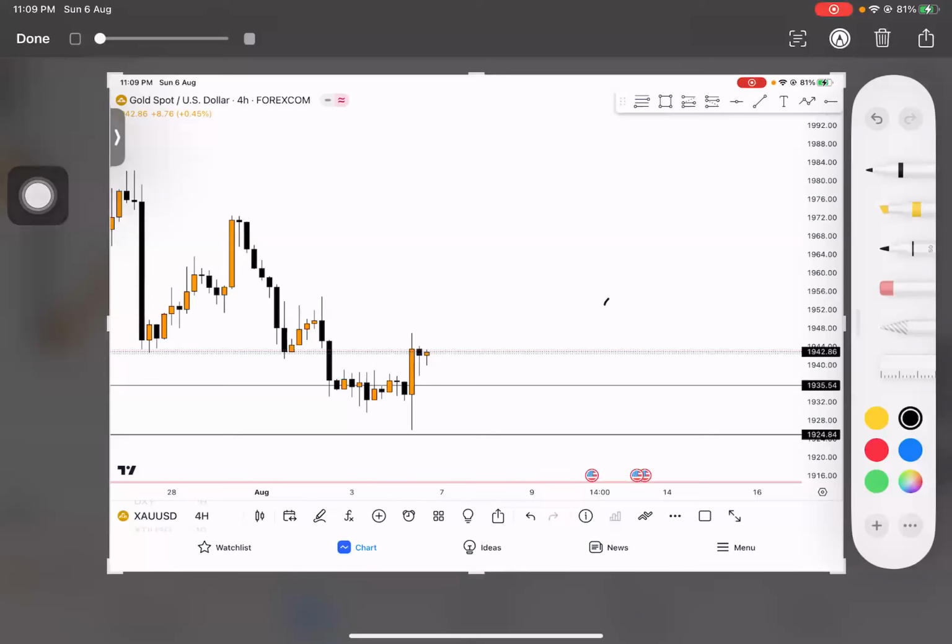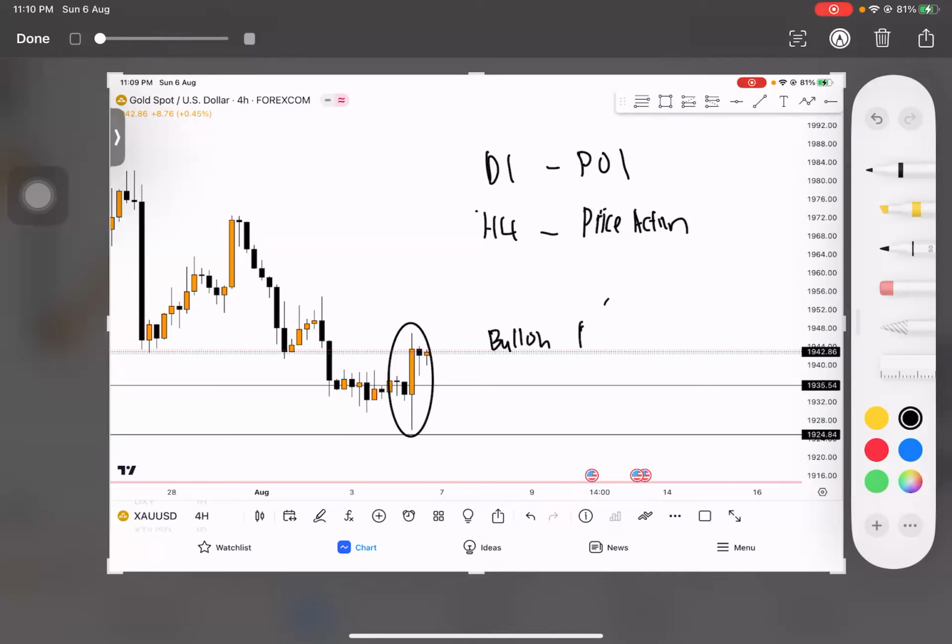First, daily, you have the POI already, and then for H4 you look for the price action. Right now, what we can see is a bullish engulfing.